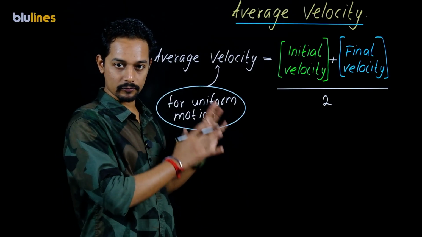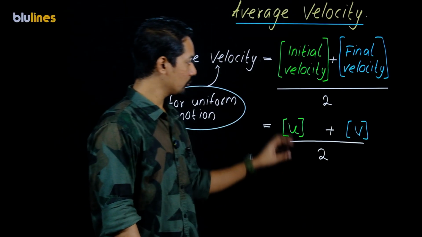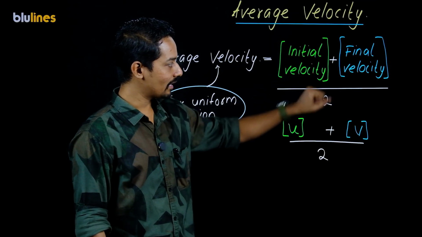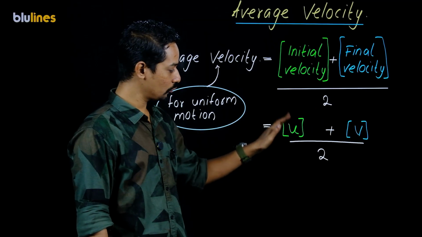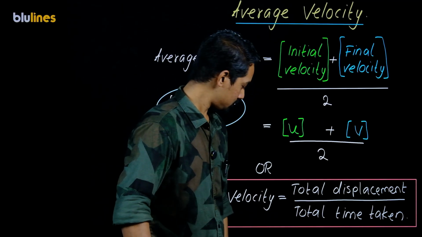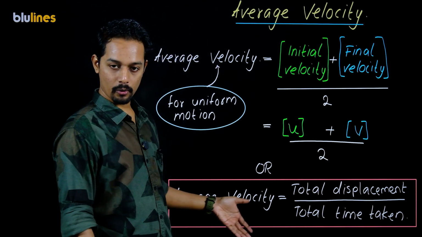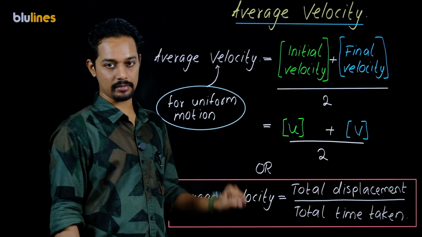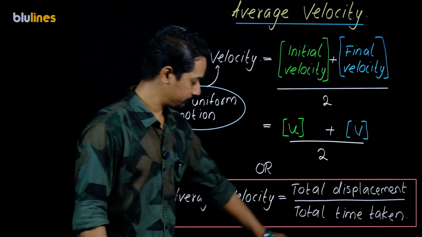We will be focusing mostly on uniform motion. Usually the initial velocity is denoted by u and final velocity is denoted by the letter v. So u plus v by 2, that is for the average velocity. And the more general formula for average velocity is total displacement divided by total time taken for the entire process.